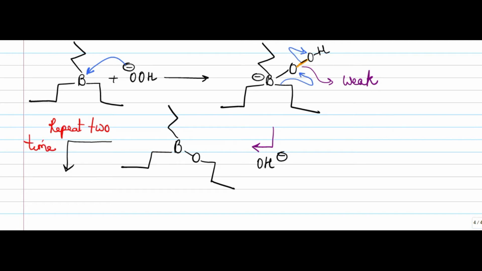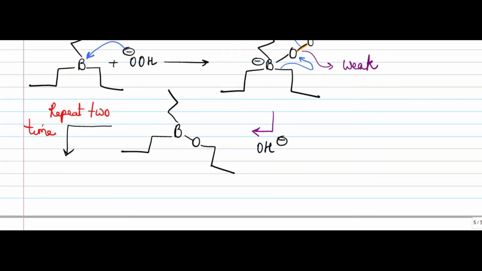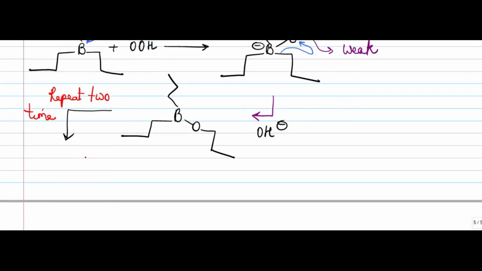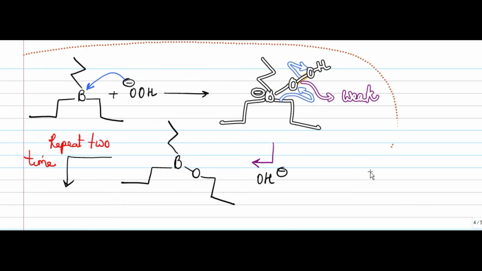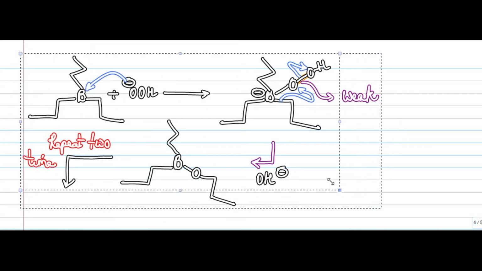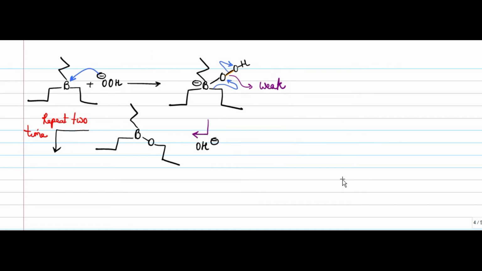If you do that, you get a final product which looks like this: B(OR)3. Okay, this is called trialkoxyborane.